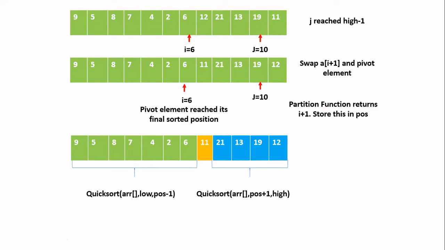Then we have to do the same function again and again, that is, subdivide the array again and again after finding the pivot element, until you get all the subarrays with size 1. Once you get all the subarrays with size 1, you have to stop further division of the algorithm.